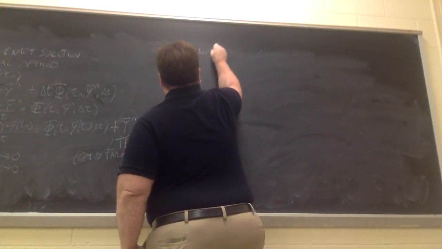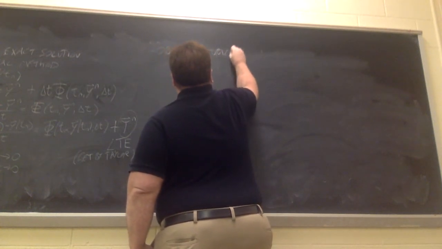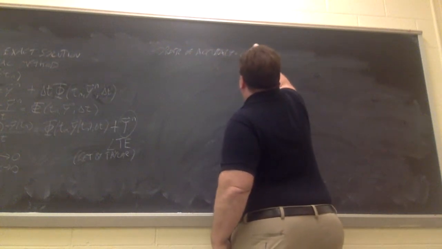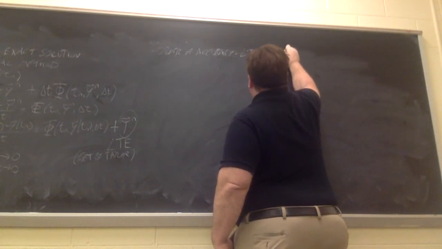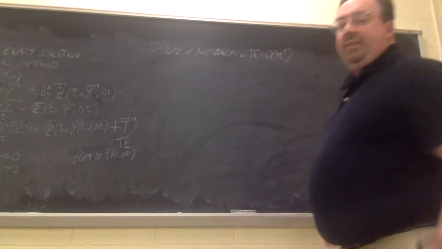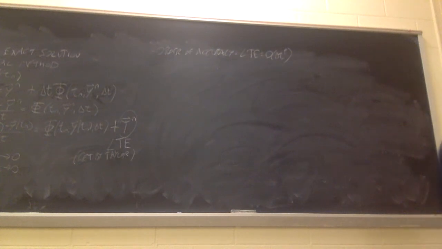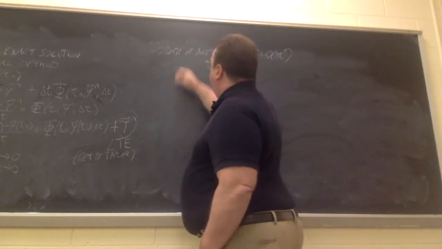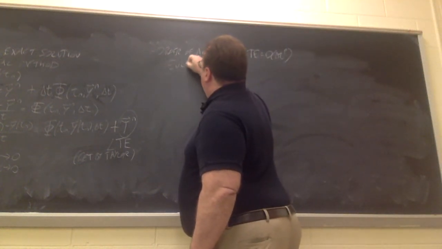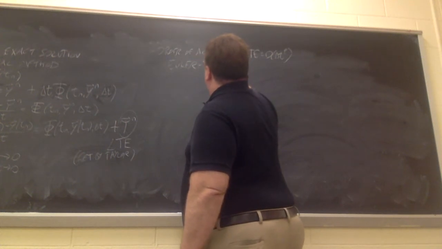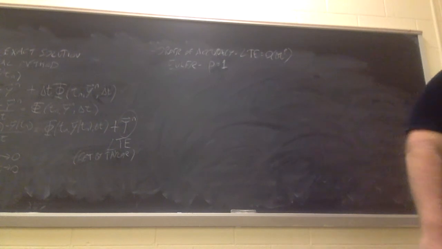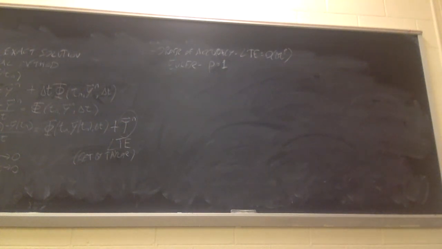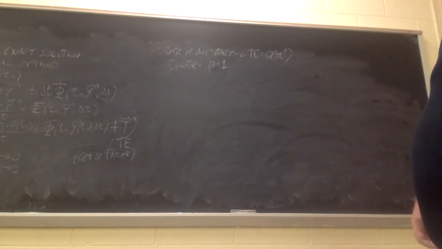When I say order of accuracy, I mean that the local truncation error is order delta t to some power. So Euler, power is 1. Euler's method, forward or backward, doesn't matter. First order accurate.